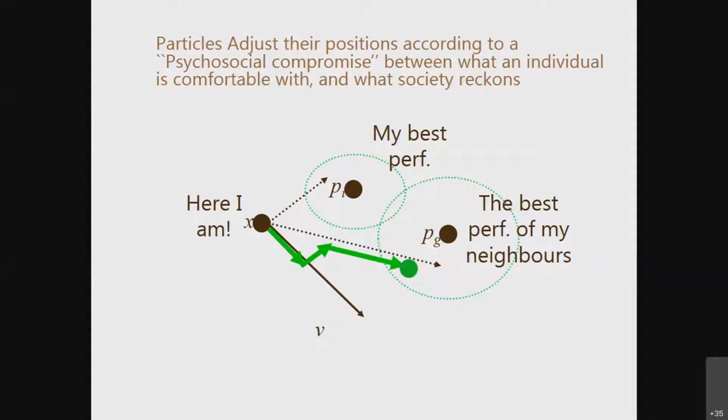That distance is once again calculated as a simple difference between PG and X. But once again, since you are moving in a direction parallel to that vector, you need to multiply with some scalar. As it turns out, these scalars are actually very significant. These are called acceleration coefficients. They determine how quickly you are converging towards your personal best and how quickly you are converging towards the global best.